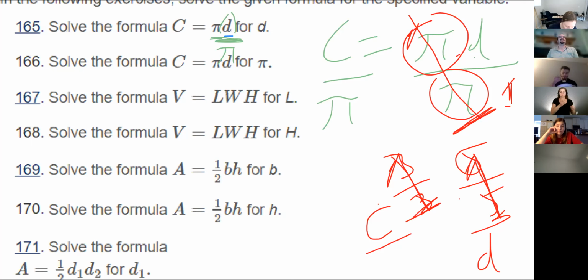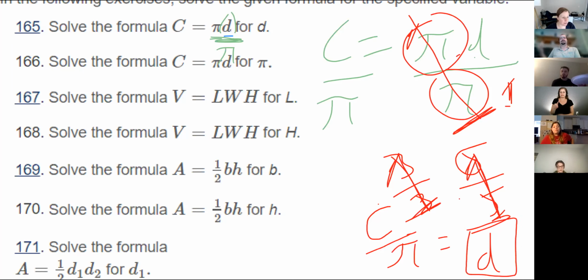You have to keep writing things long ways. All the variables stay there. This is just c over pi. So d equals c over pi. That's exactly what they want. We solve for d. D is over here by itself. That's what they ask for.